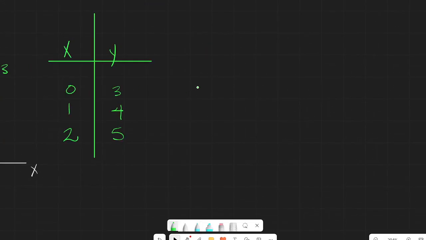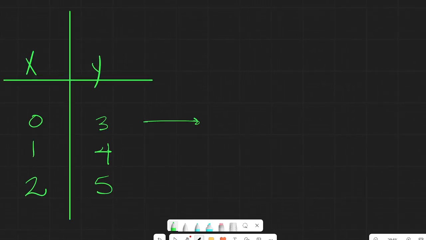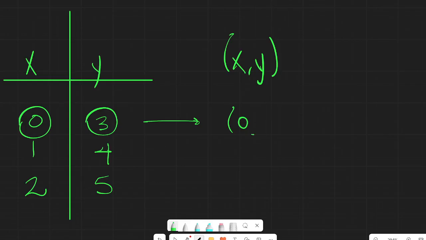Now, how do we use this data to get our coordinates? We basically just plug them into ordered pairs, which is just x and y coordinates, right? So we have our x coordinate, which is 0, and we have our y coordinate, which is 3.